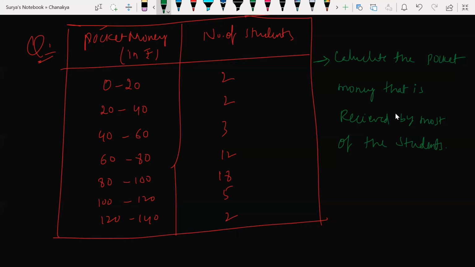So here we can apply the same concept, that mode is the one that occurs the most number of times. Yes, exactly, most of the times it will be occurring.